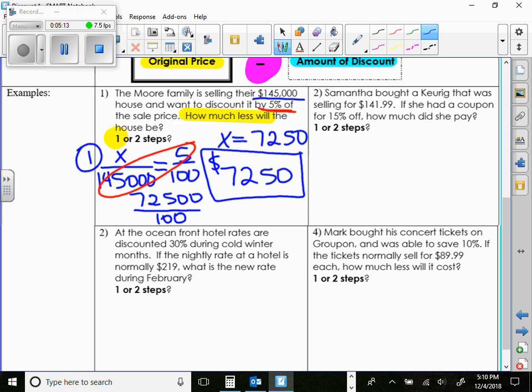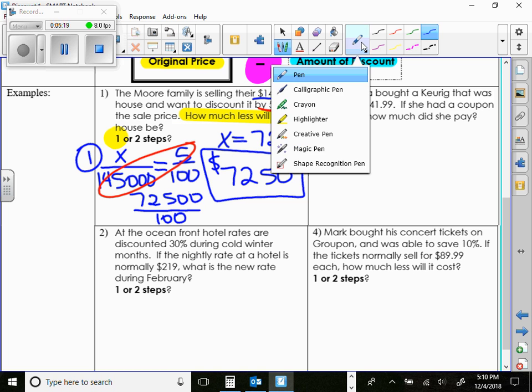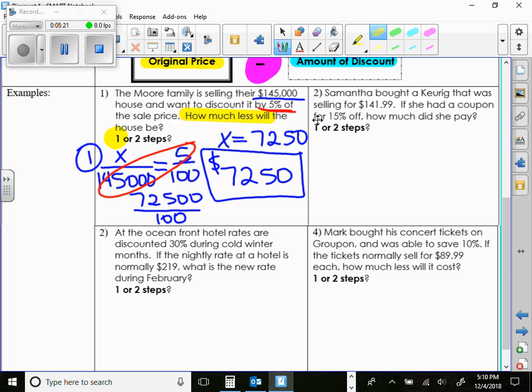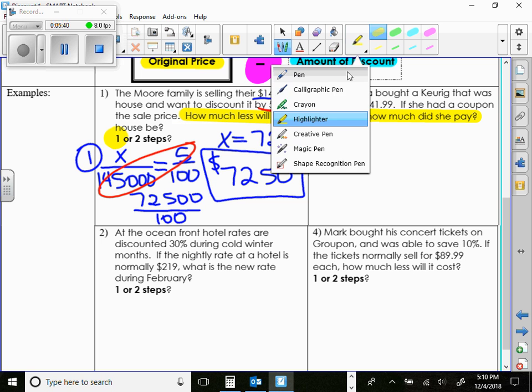Okay. Next question, we have Samantha who bought a Keurig that was selling for $141.99. If she had a coupon for 15% off, how much did she pay? Let's dig into the question itself, and it's asking how much did she pay? To find out how much she paid, I would need to subtract the amount of discount from the original price, right? But to find the amount of discount, I have to do proportion. So this is a two-step problem.